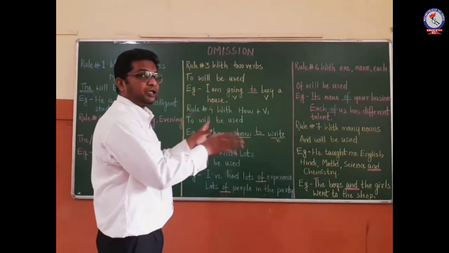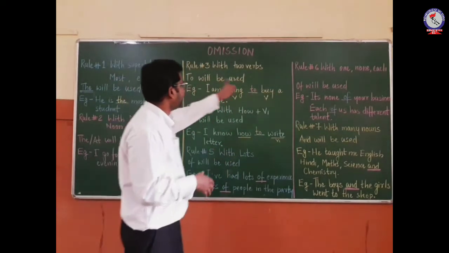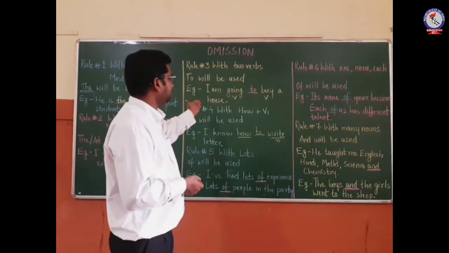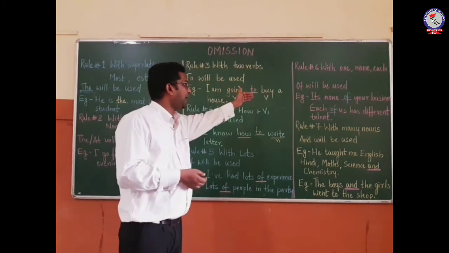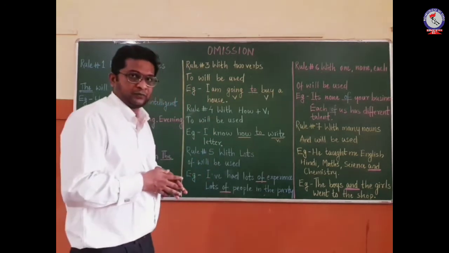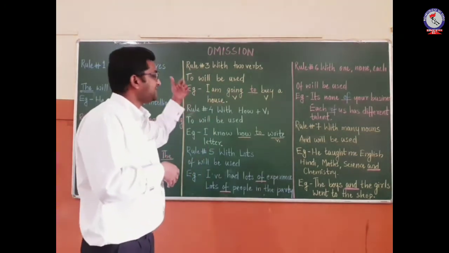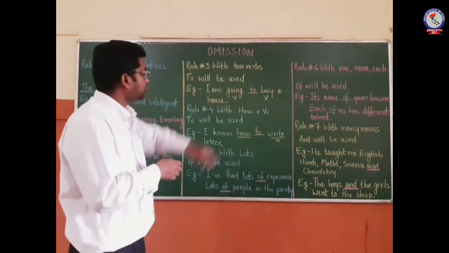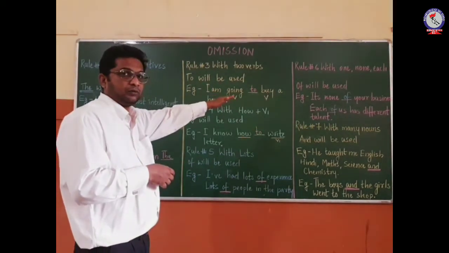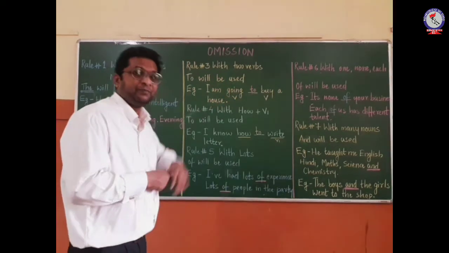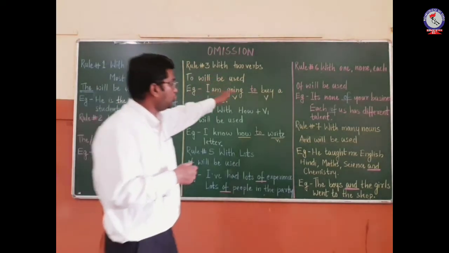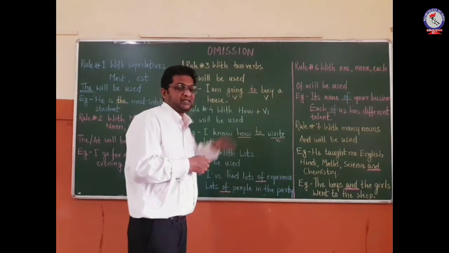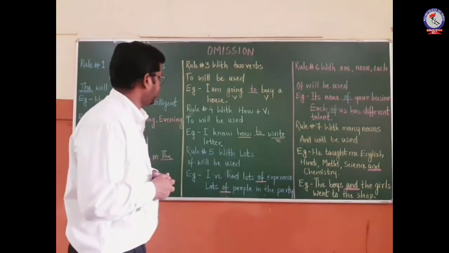So in between two verbs, to will be used. If you come across a sentence in which you find two words and a word missing in between them, then to will be placed in between the two words.